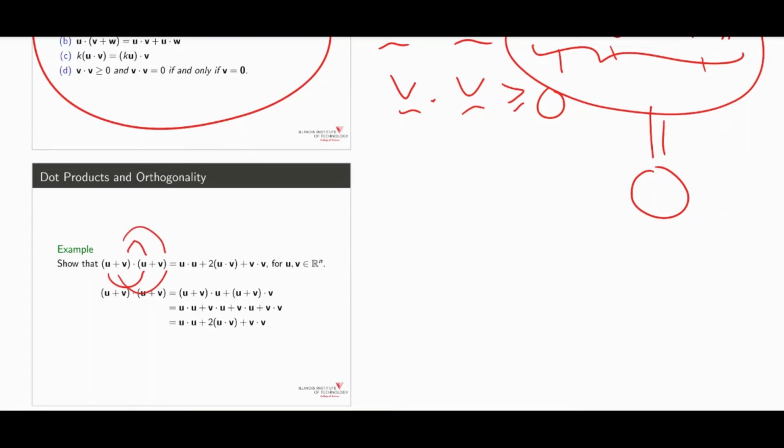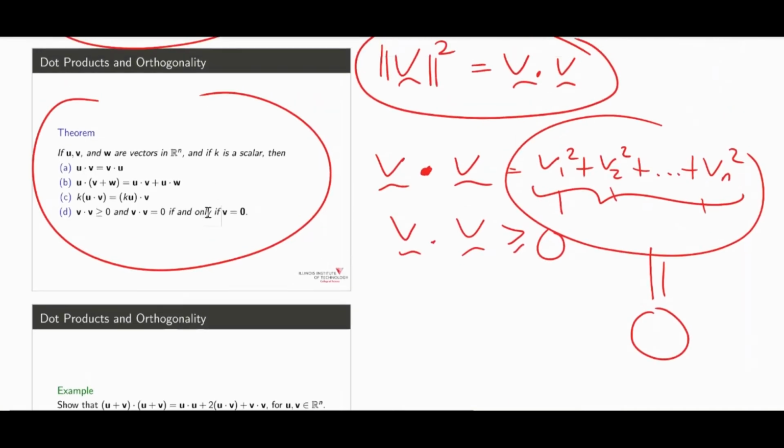And u dot v and v dot u are the same, so we group them together, and the rest is u dot u and v dot v. So this is just a very simple example of how to apply the properties that we have from the previous slide.